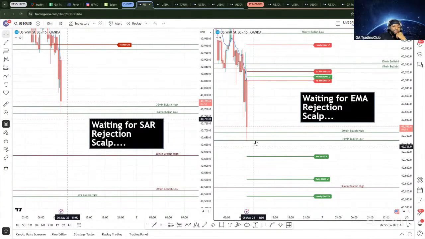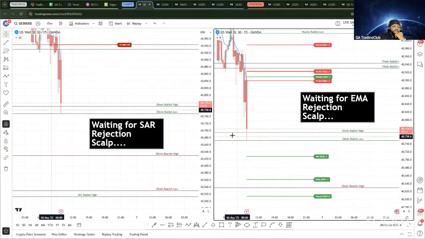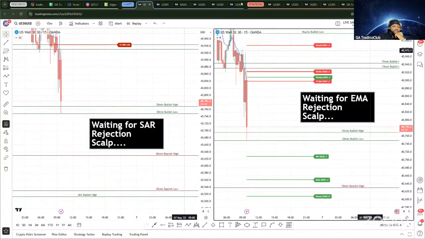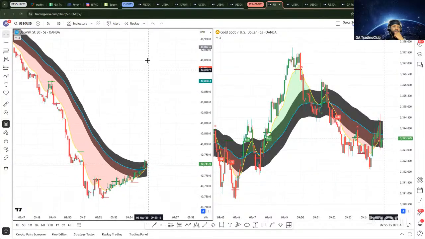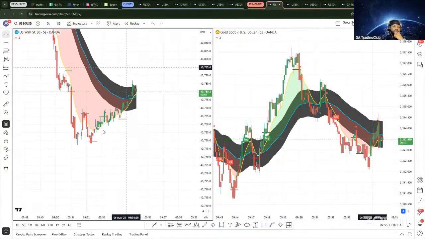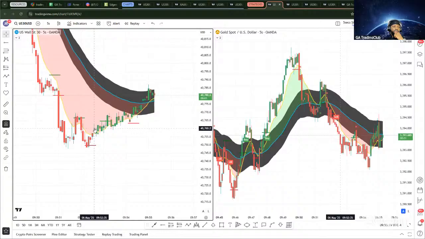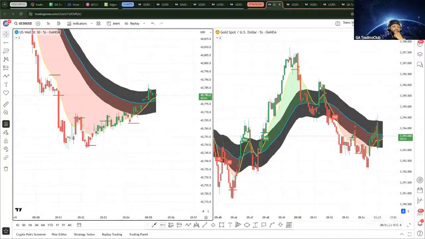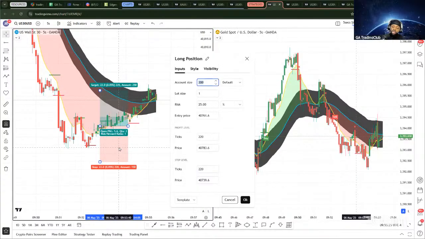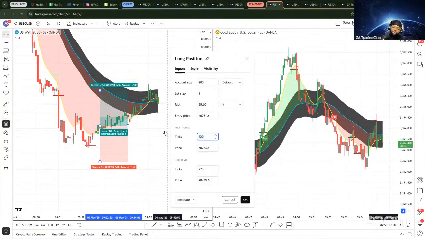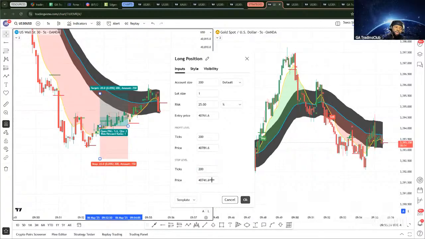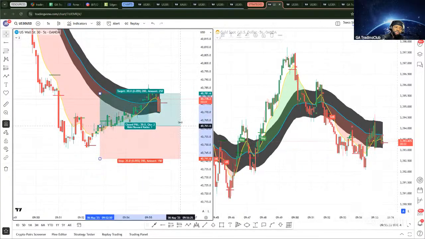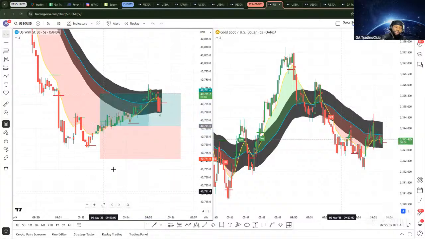So if we had a demand zone here, we would have taken that order block rejection scalp, because the entry would have been right here at this crossover buy. That's only if we had a green zone, which we did not, but that would have been the entry for the order block rejection scalp.